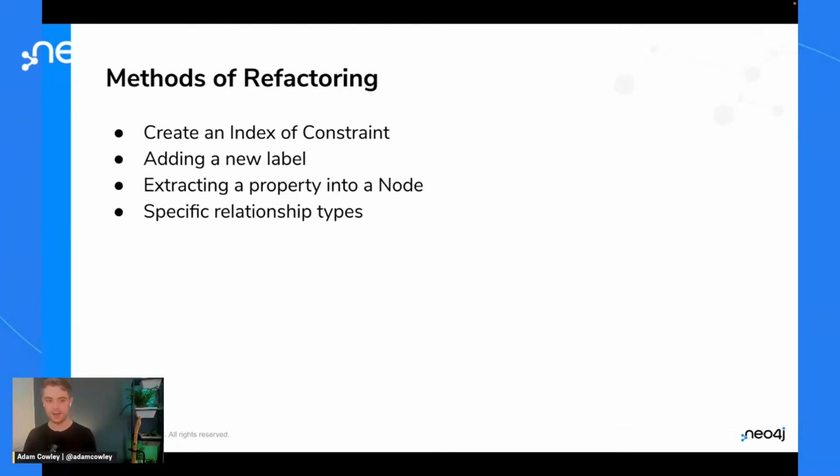So there's a few methods that we can take. Firstly, creating an index or a constraint on your database is a good way of speeding up the discovery of anchor nodes. You can create a constraint or an index on a label and property pair, and then use that to search and to hone in on a set of nodes and then go from there.